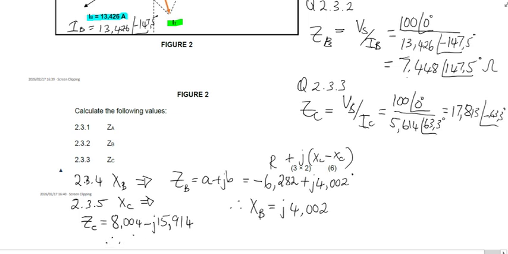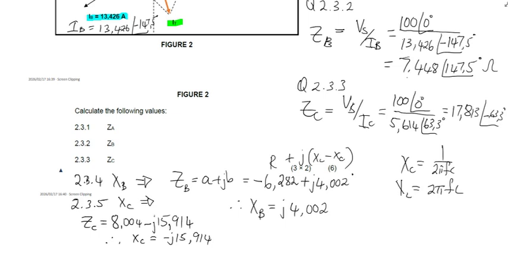So therefore XC is minus j15.914. And we can continue and ask you, you know that XC is 1 over 2 pi fC, then XL is 2 pi fL.